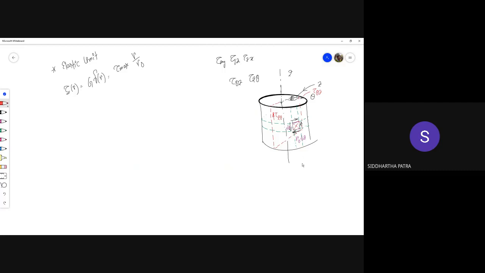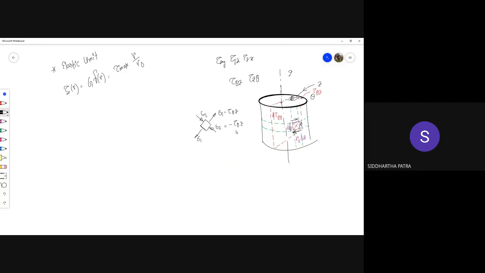So in other words, if you were to take an element which looks like this, in this direction you have sigma 1, where sigma 1 is tau theta z, and then you have sigma 2, which is compressive and has the expression minus tau theta z.